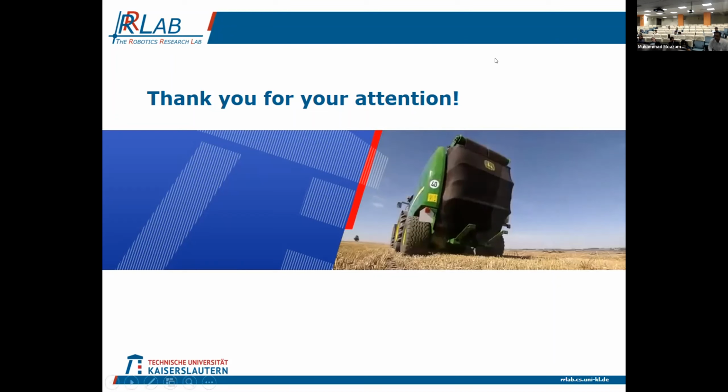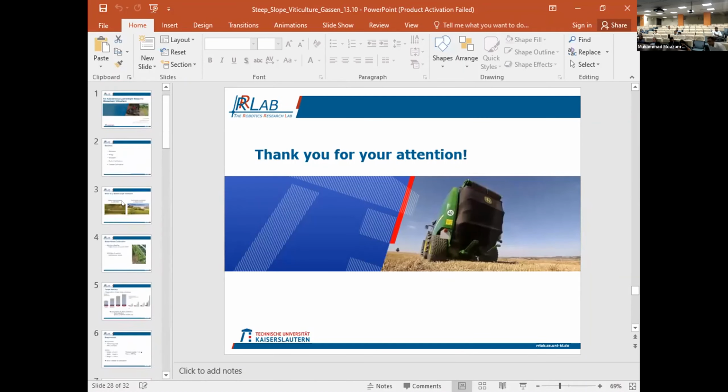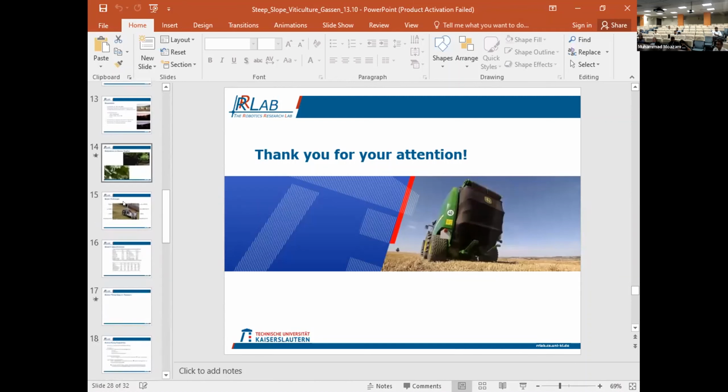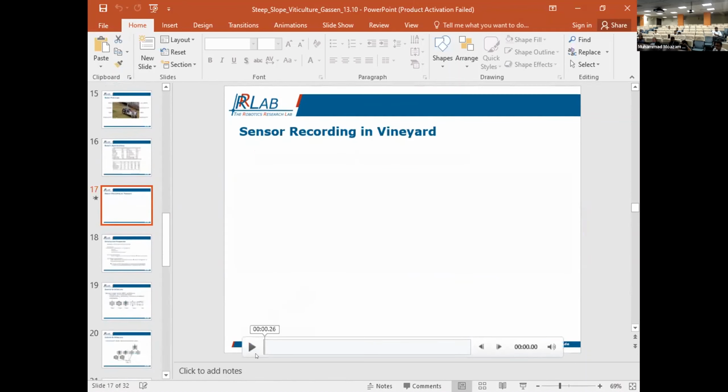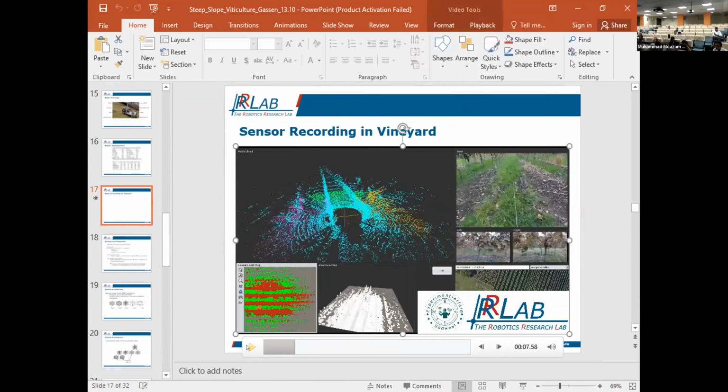How do I come out of this presentation? Now I can just jump to this. Here, this idea was to make a rough estimation. You see the vines, and here the grapes.